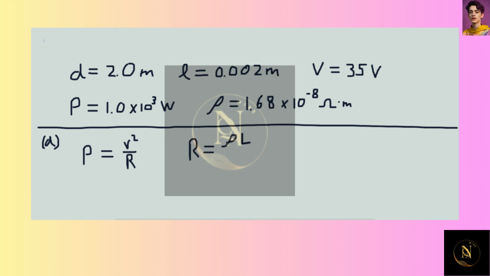We're talking about the total length L, which is the length of the wire when the power is maximum, divided by the area A.